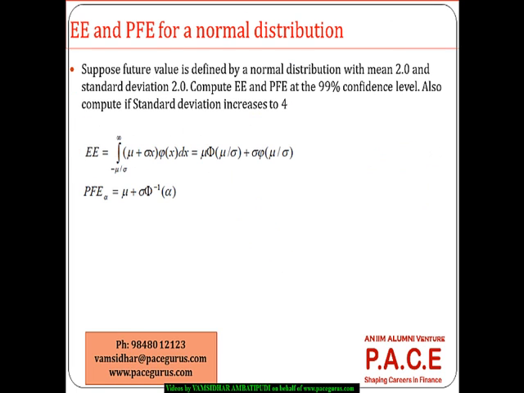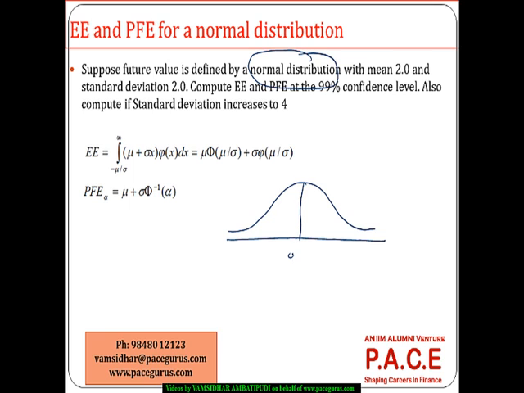Alright, let's look at this situation. Let's take up how I really compute these two things, the potential future exposure. If I define the future value as a normal distribution, it is going to come out in this kind of a shape.